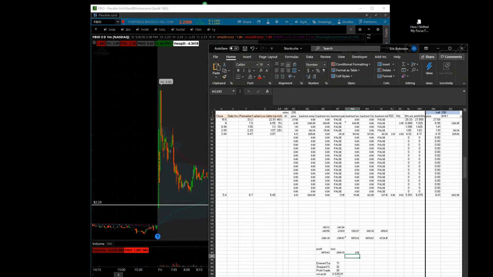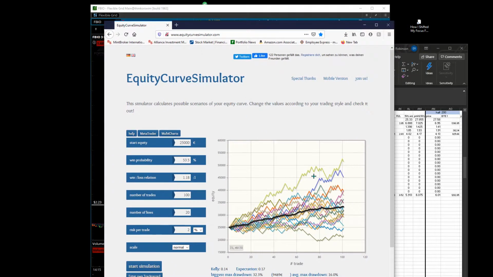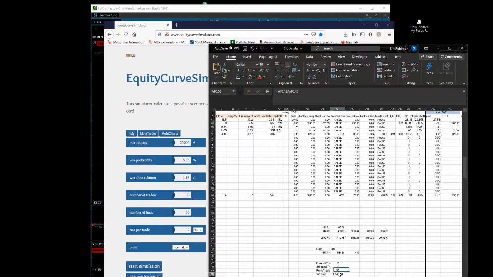And I don't know if you've heard of this website called Equity Curve Simulator. Essentially what you do in here is enter a starting equity and your win probability, which is just your profitable trades divided by your entered trades.